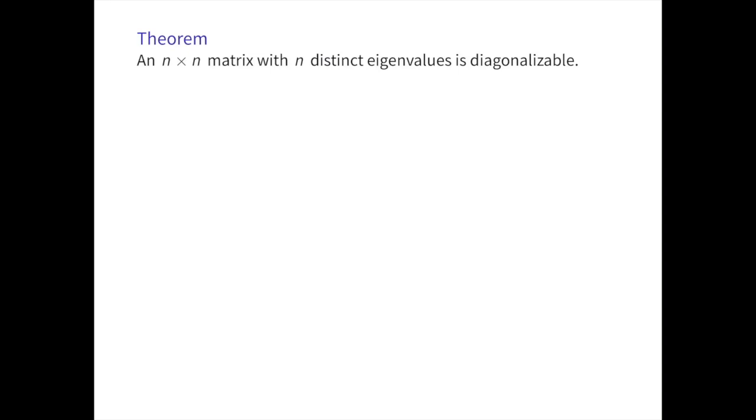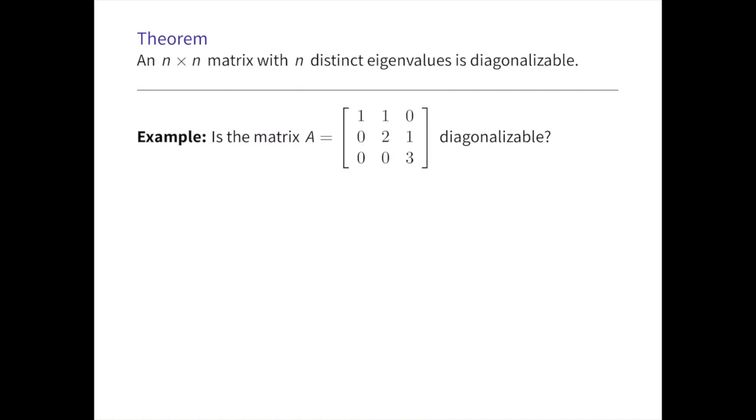For example, if I give you a matrix with n distinct eigenvalues, then that matrix will always be diagonalizable. Why is that the case? Well, for example, if I give you this matrix here, notice my eigenvalues are going to be 1, 2, and 3. Because it's an upper triangular matrix, that's easy to see. Now, because I don't get any eigenvalues with multiplicity greater than 1, I'm guaranteed to get at least 1 eigenvector here, here, and here.